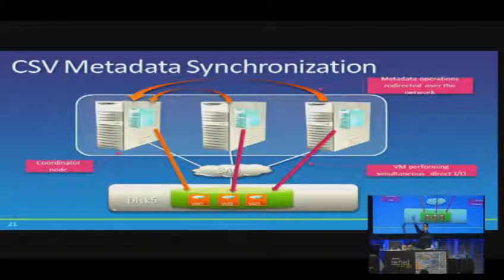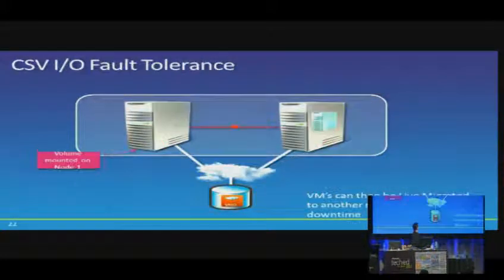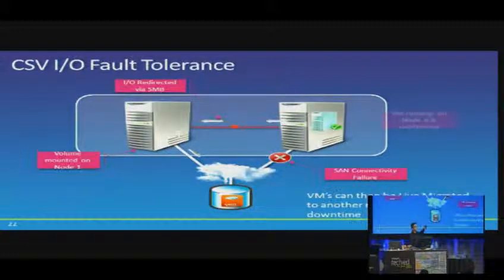But because we have this coordinator node, we actually gain a level of availability. If I lose my direct path, let's say this VM on the right loses access to the VHD on the CSV, we can actually pass the data that we were going to write to that VHD through the coordinator node. So what this means is that I could lose my whole path to the LUN and still have access to write data by routing it through the coordinator node.